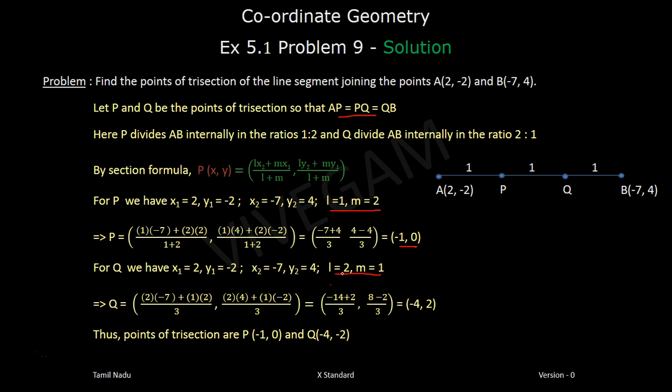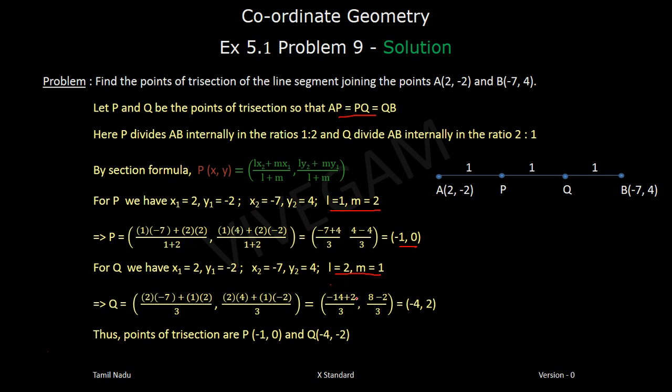Let's do L x2, so 2 into minus 7, plus M x1, that is 1 into 2, divided by L plus M. Similarly, y will be L y2, 2 into 4, plus M y1, 1 into minus 2, divided by L plus M. So this is minus 14 plus 2 divided by 3.